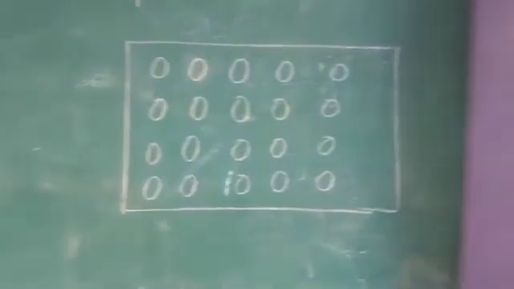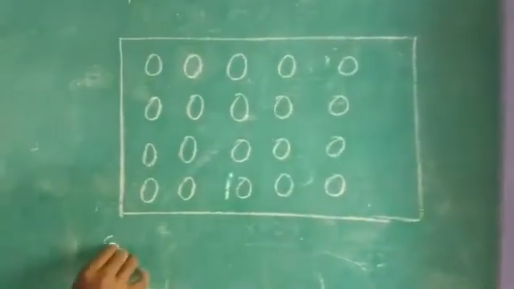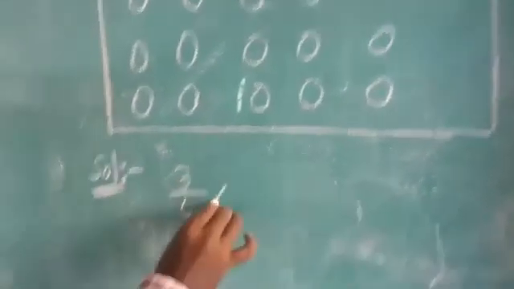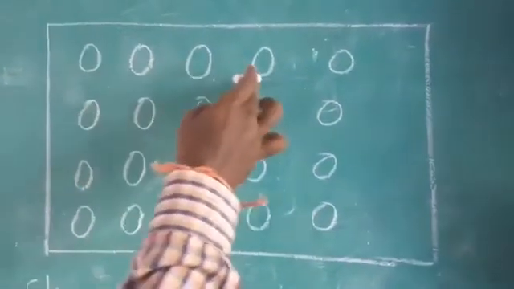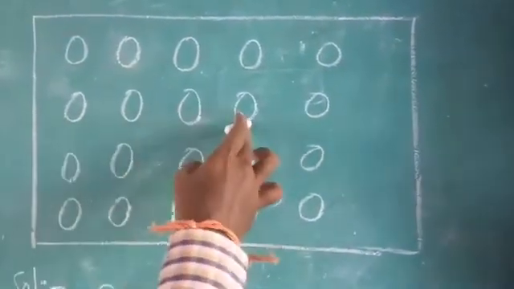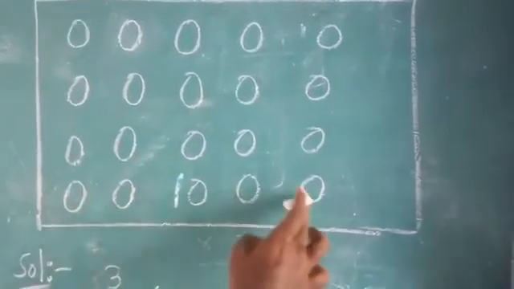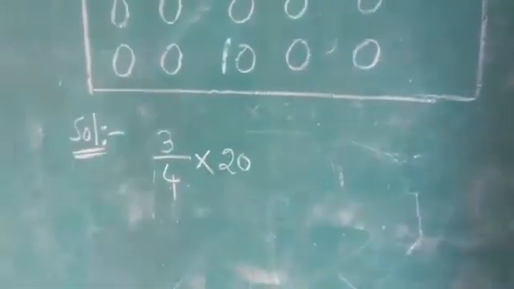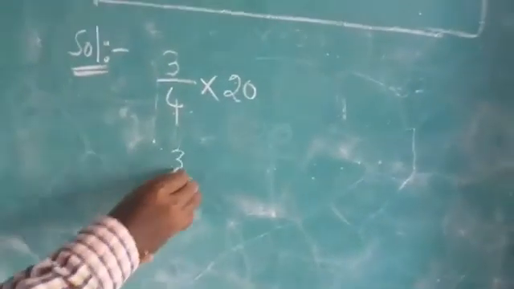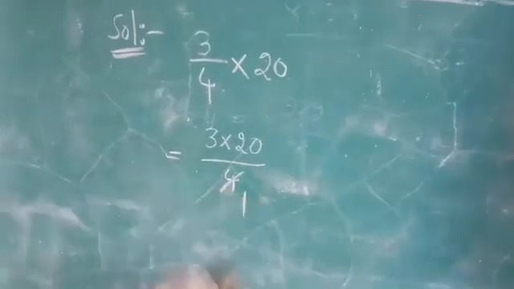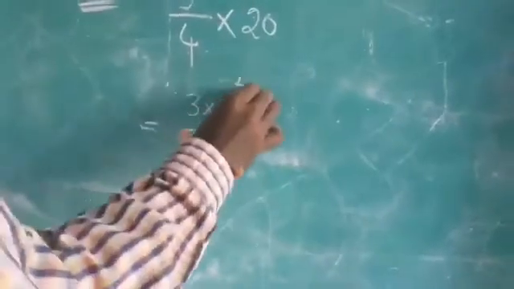Then similarly I will go for the fourth one. What is the fourth one? Here is 3 by 4 into the number of circles. 1 2 3 4 5 6 7 8 9 10 11 12 13 14 15 16 17 18 19 20. So 20. So this is 3 into 20 by 4. You can cancel. 4 ones are 4, 4 5s are 20.